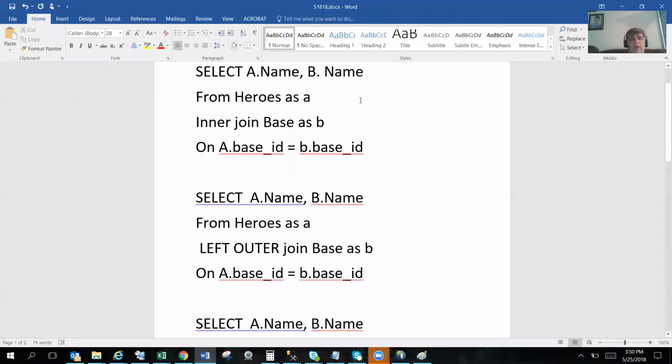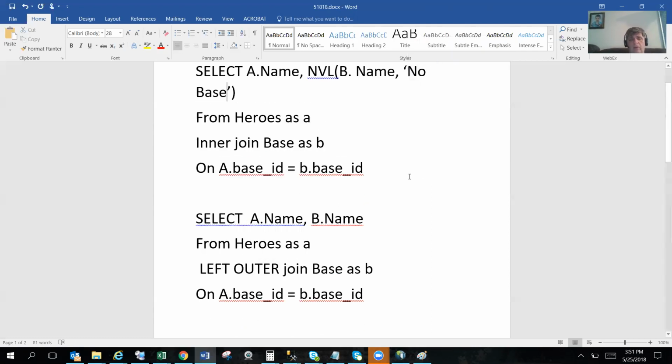So what we'd want to do here is put in a function called NVL. NVL is a function that says, if B.A returns a null, here's what I want you to put in its place. So now if I ran this query, it wouldn't show up as null. NA would show up there, or whatever you want to put there: no base, or this is a bad guy, however you want to do it.